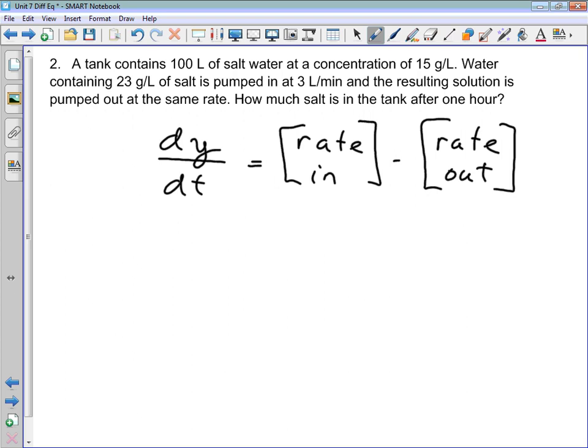So we're going to set up our differential equation. We're going to let A be the amount of salt in the tank.